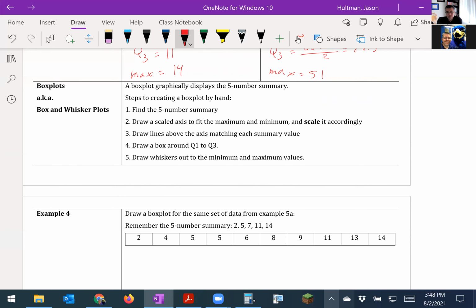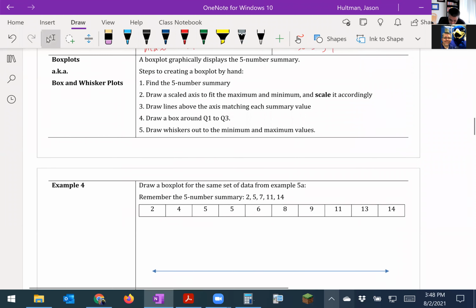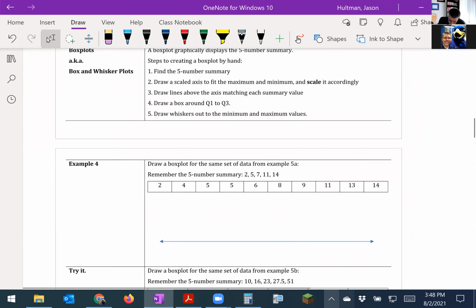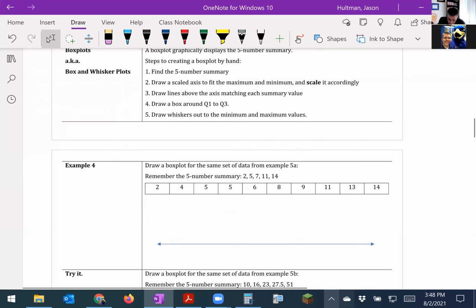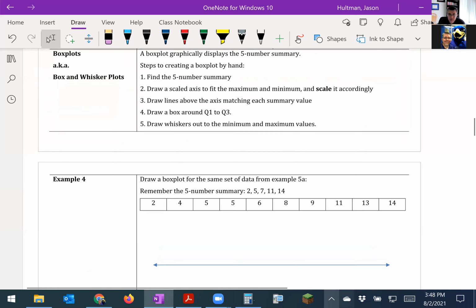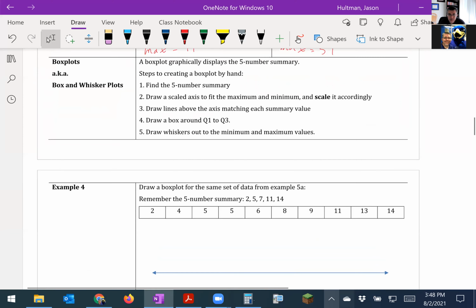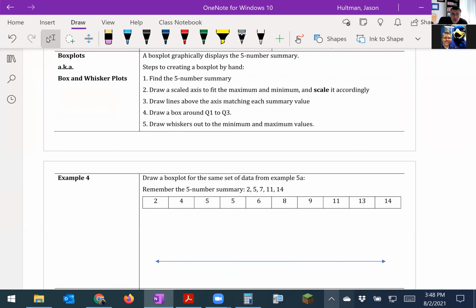Okay. So let's follow these directions, all these directions, and we're going to create a box plot. Okay, let's follow the directions here. So first, 5-number summary.